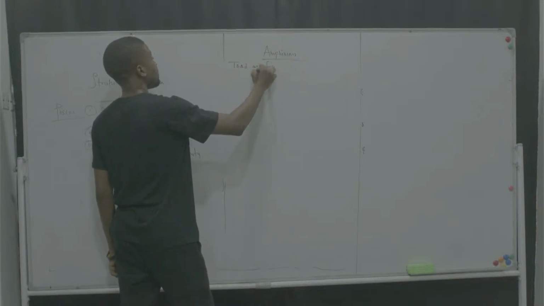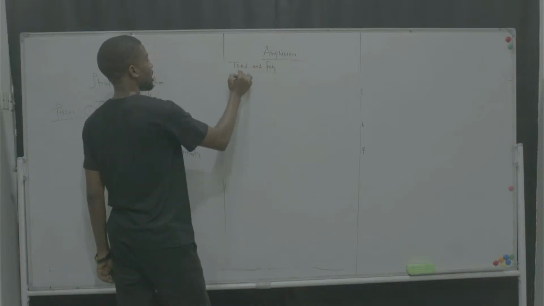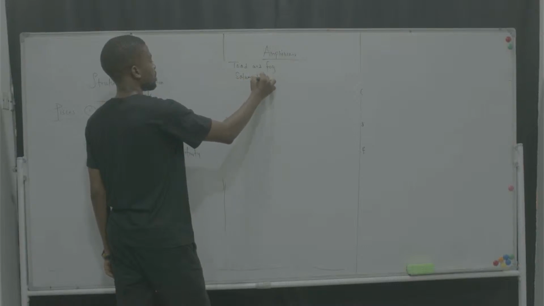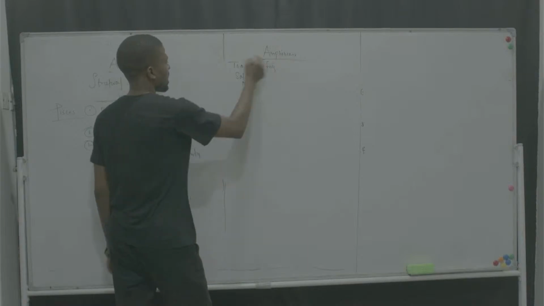And in reality, that's the most thing they ask. But there are other examples of amphibians: salamander, and they have newt. Okay, a good example of these guys here.